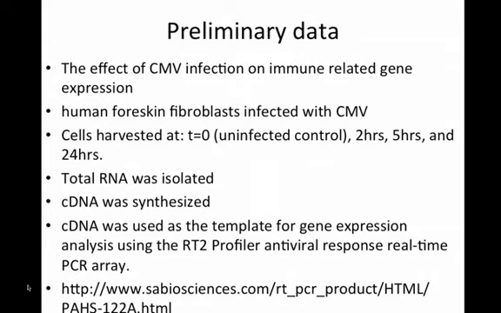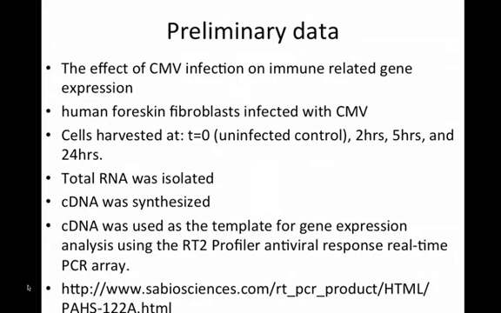Okay. So preliminary data. Let's talk about preliminary data. What we did, we looked at the effect of CMV infection on immune-related gene expression. So we took human foreskin fibroblast cells and infected them with CMV.